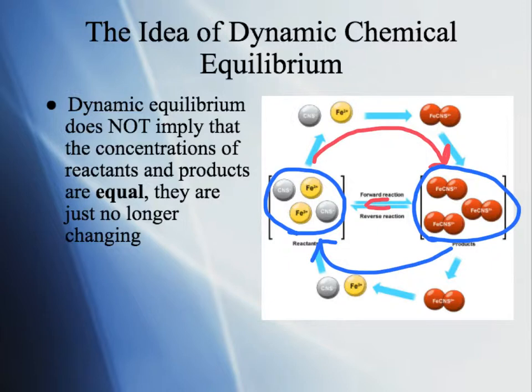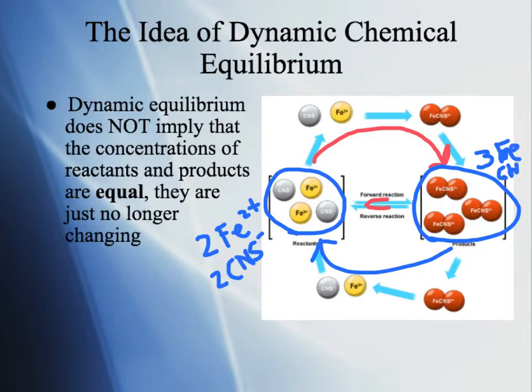In fact, if we count all of these little circles as a mole of something, we would have 2 moles of iron as reactants and 2 moles of thiocyanide as a reactant, and over here we'd have 3 moles of product.